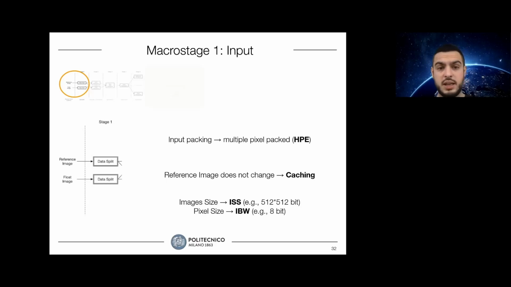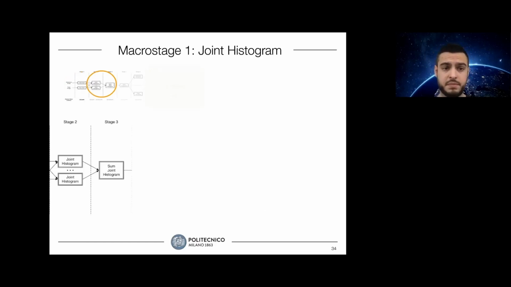We consider as input data images of ESS pixels, each of which is ABW bits wide. In this way, our first stage has to unpack the pixels with an overall latency of ESS over HPE. Moving ahead, stage 2 and 3 compute the joint histogram.